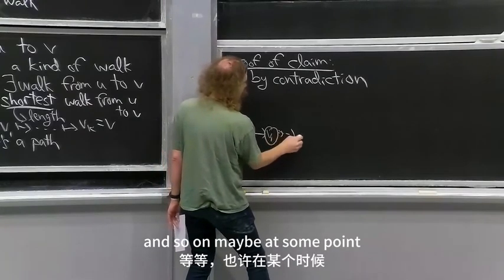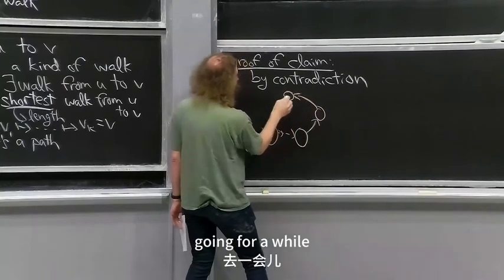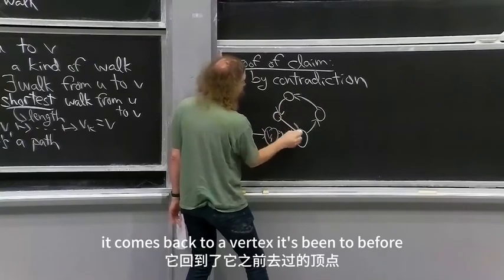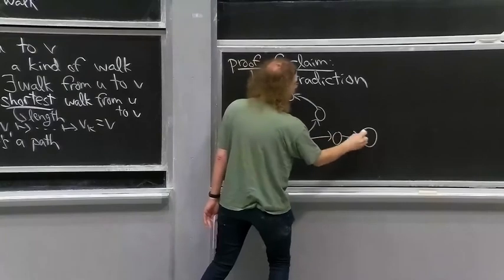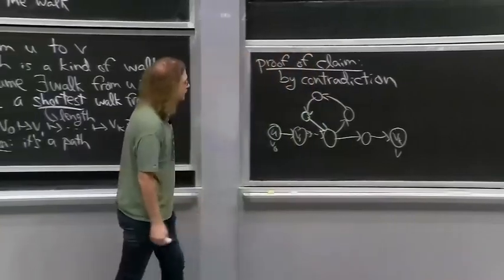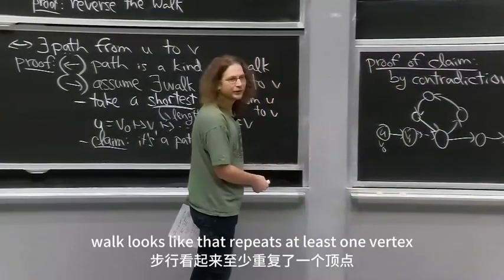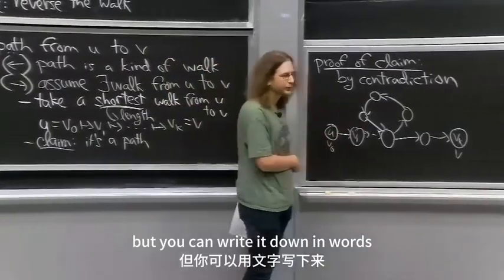Maybe at some point, after going for a while, it comes back to a vertex it's been to before, proceeding to vk over here, which is v. Okay, this is what a walk looks like that repeats at least one vertex. I claim this is the general picture, but you can write it down in words.